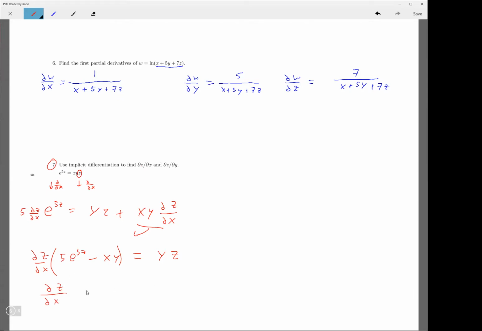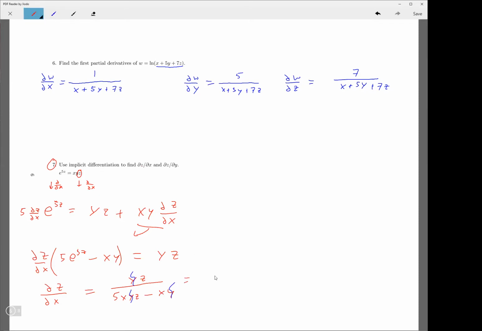Then you take this to the other side. e to the 5z is just going to be this, so that's xyz minus xy. And the y's are all going to cancel out, right?